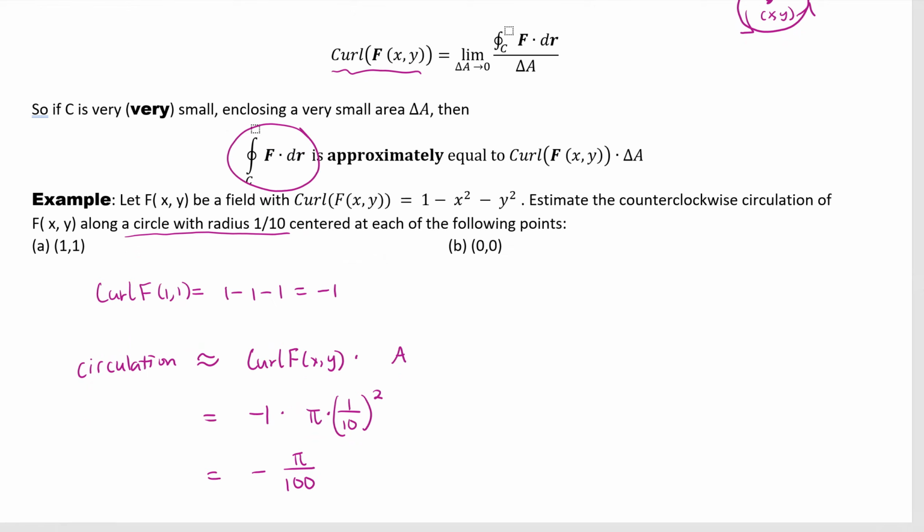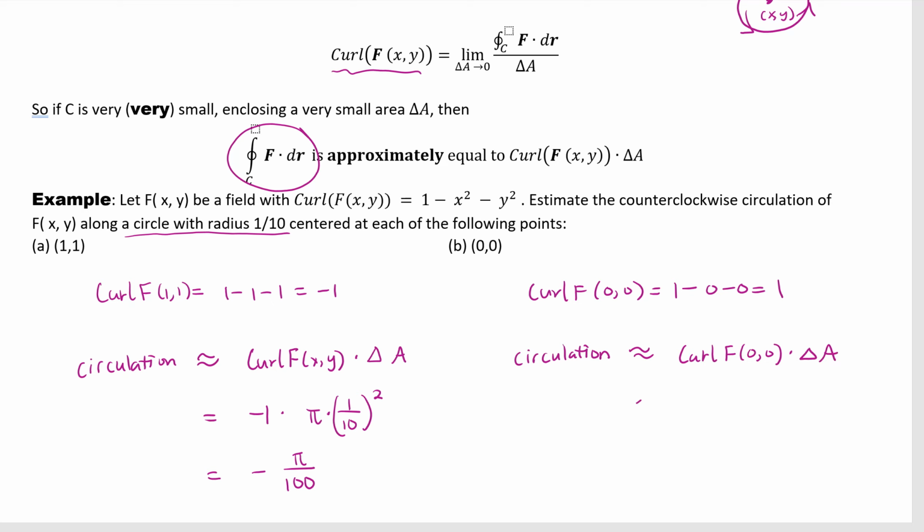So far, so good. How about at the point 0, 0? At the point 0, 0, the curl equals 1 minus 0 minus 0, so that equals 1. Then circulation is approximated by the curl at that point times this small area.